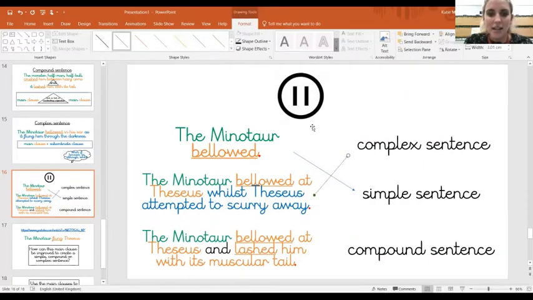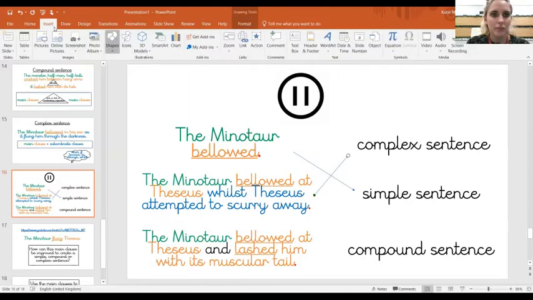And finally, the Minotaur bellowed at Theseus and lashed him with its muscular tail. Oh, I like that sentence. It includes our adjective from yesterday, our wow word, muscular. This must be a compound sentence because it includes a coordinating conjunction. The coordinating conjunction and. Well done, Year 3.